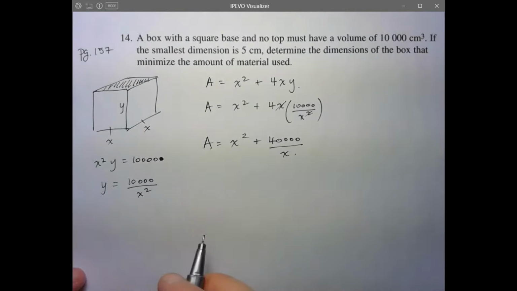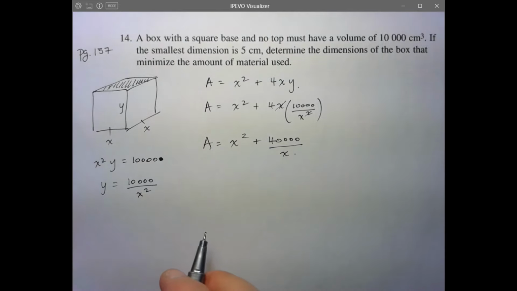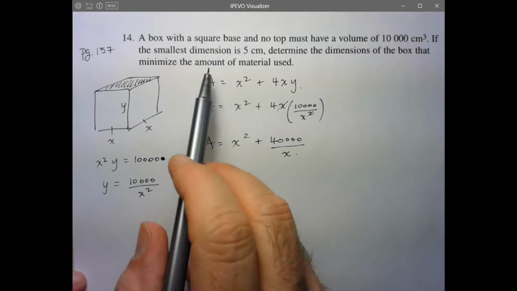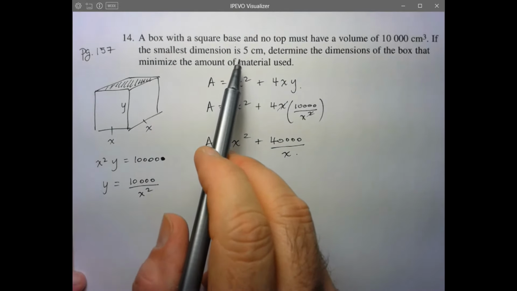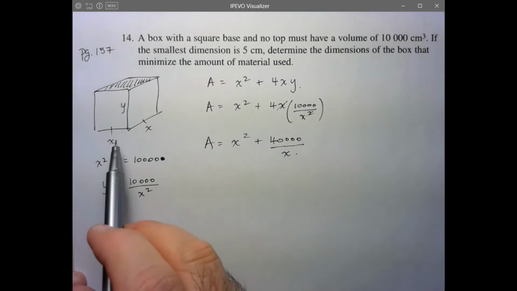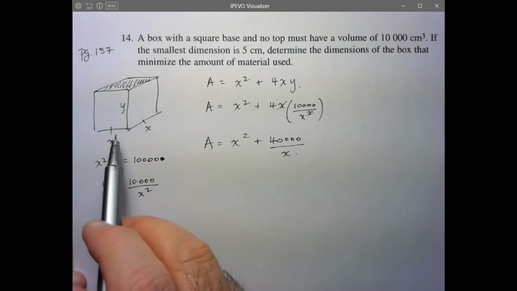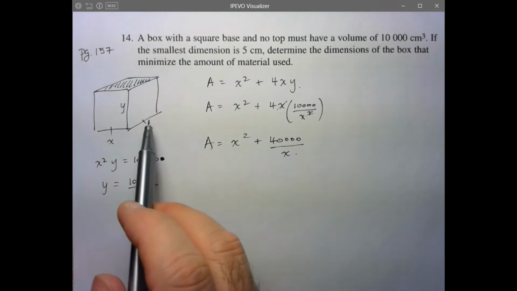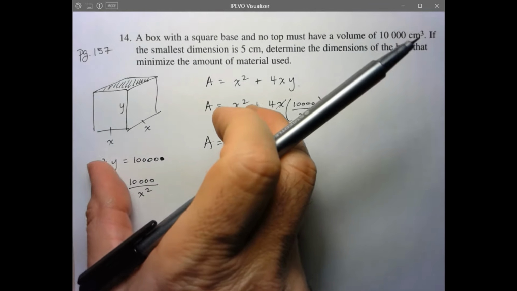Now let's see if we can figure out the domain here. It says that dimension has to be bigger than or equal to 5 centimeters, so I know that X has to be larger than or equal to 5. Now the question is, is there an upper bound? This base could get bigger and bigger.